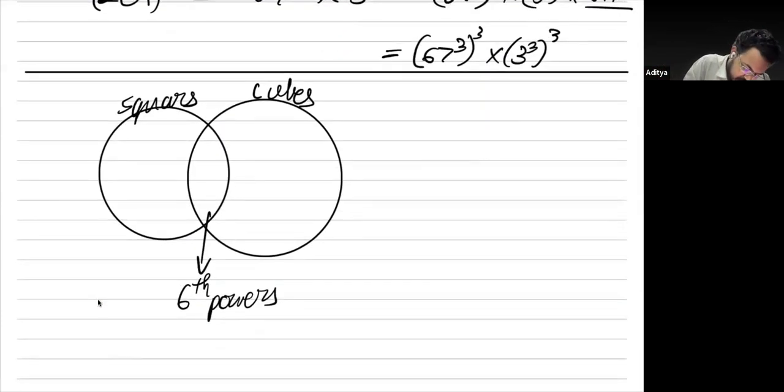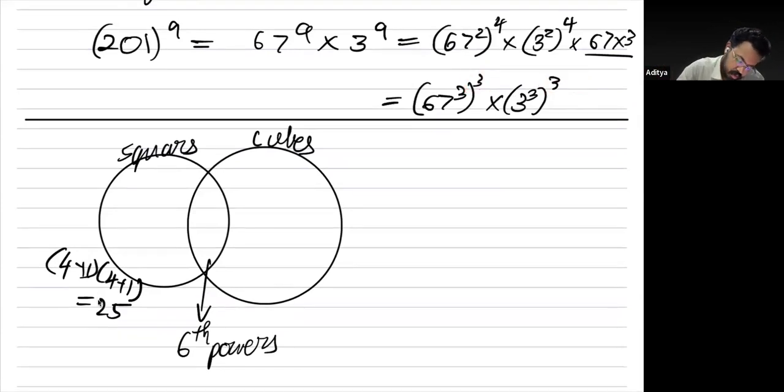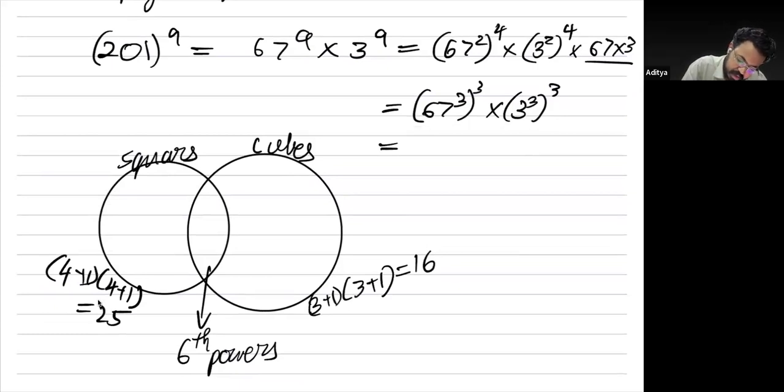So this will become 4 plus 1 times 4 plus 1, which is equal to 25. And cubes will become 3 plus 1 times 3 plus 1, equal to 16.